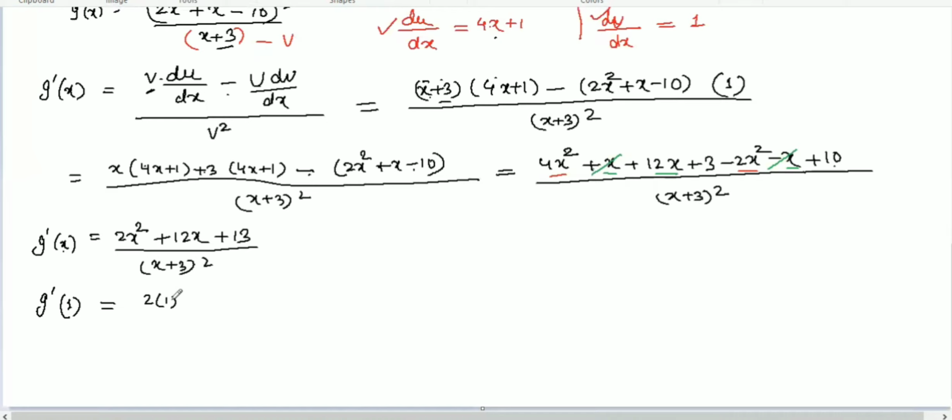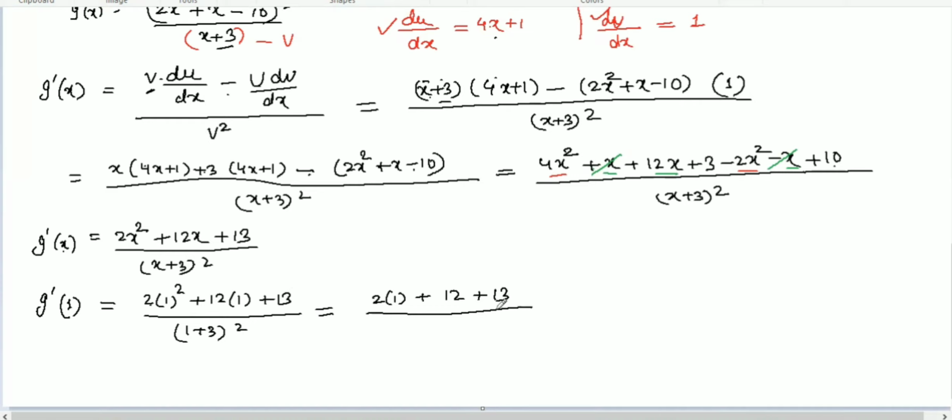So 2 multiplied by 1 square plus 12 multiplied by 1 plus 13 over (1 plus 3) whole square. So 2 multiplied by 1 square is 2, plus 12 multiplied by 1 is 12, plus 13 over 4 square.